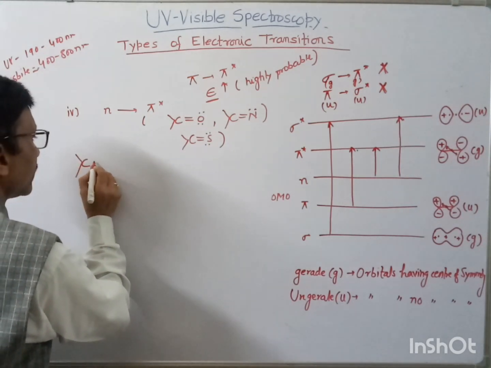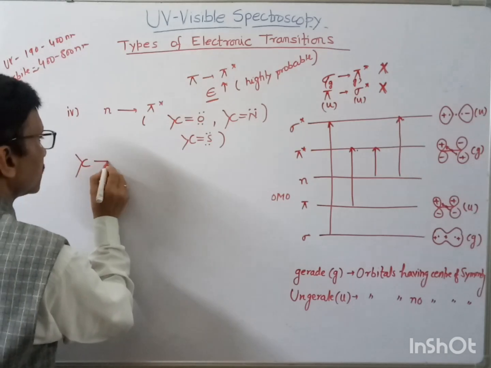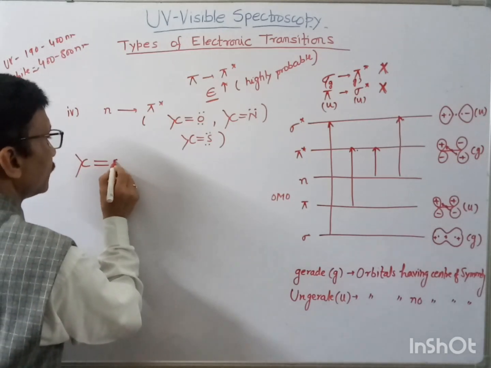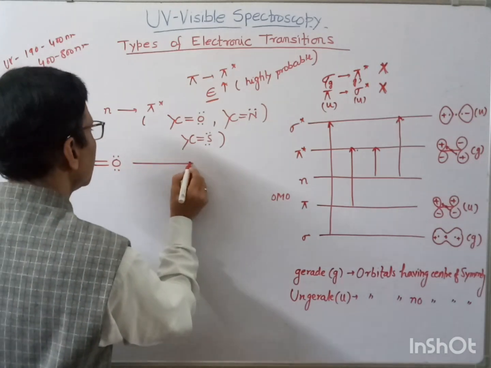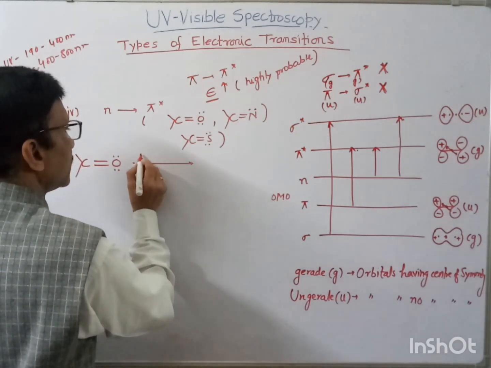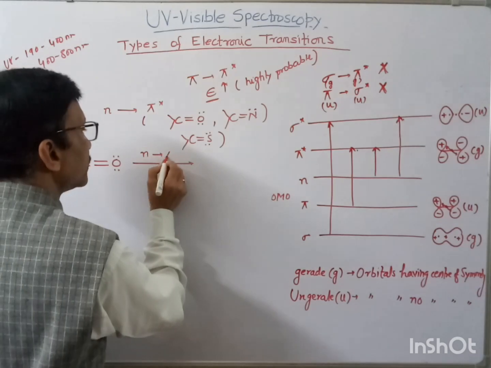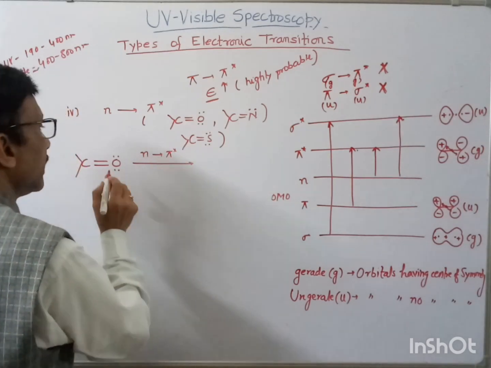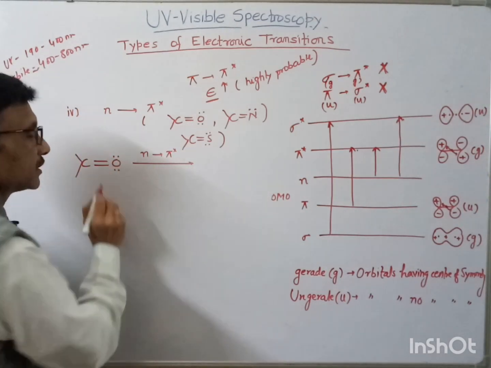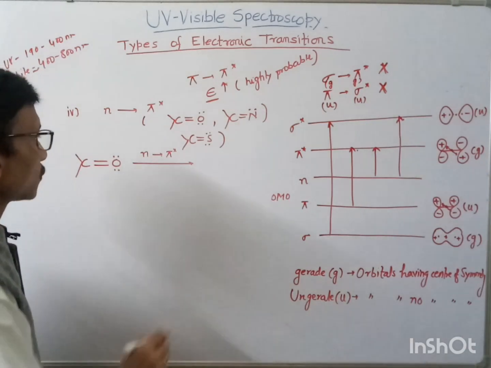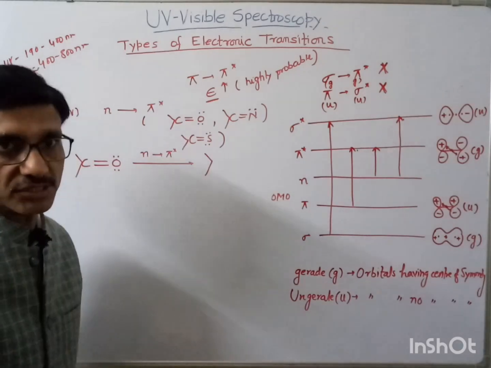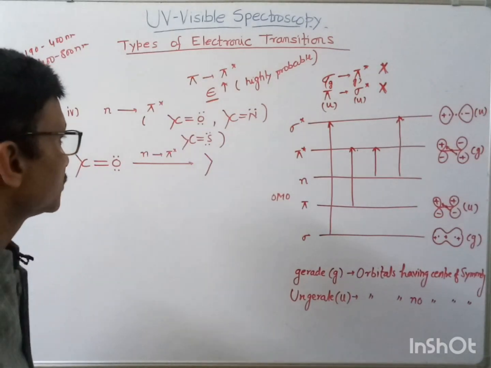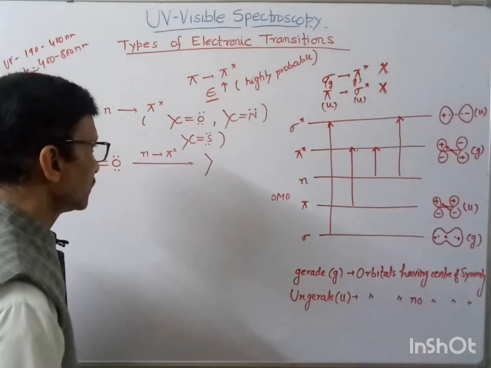Suppose we have n electrons, then after taking energy, the n to pi star transition is possible, and the lone pair of electrons present on this oxygen will go into the pi star region, the pi anti-bonding orbital.